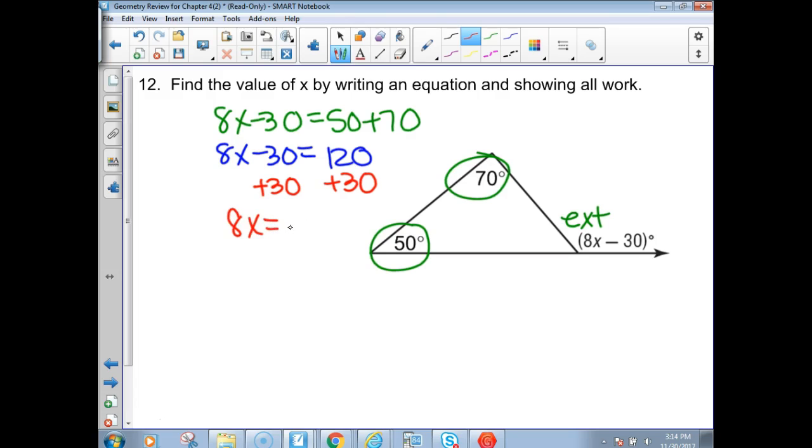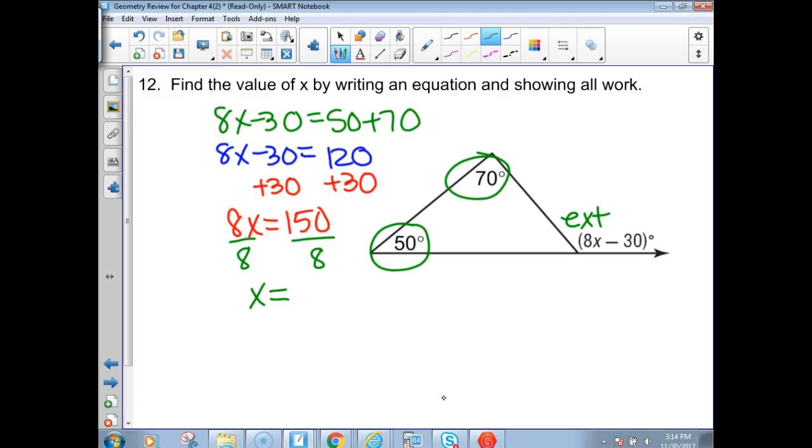Let's see if we got the correct decimal. Evan, what'd you get? What do you think you did? Did you subtract instead of add? Okay, so did you do 90 divided by 80? If you did 90 divided by 80, then you made a little boo-boo by subtracting 30 from 120 instead of adding, okay?